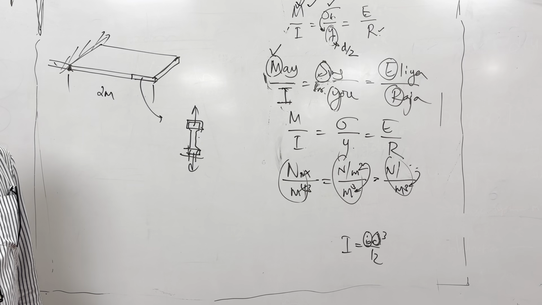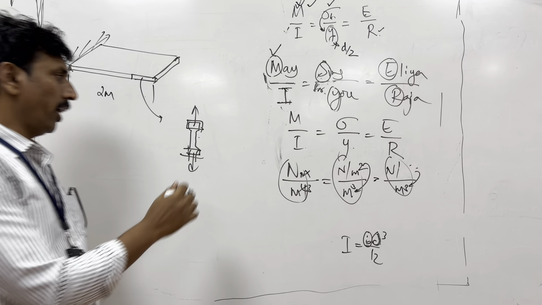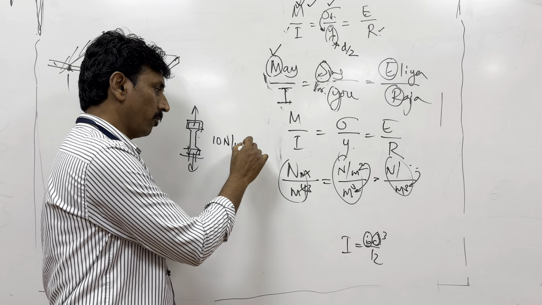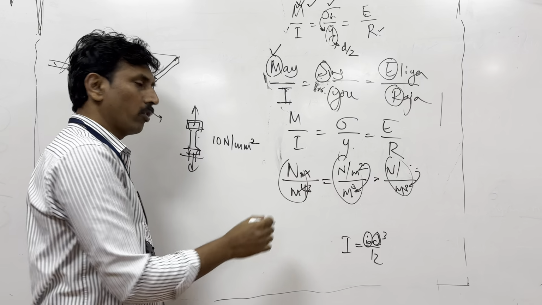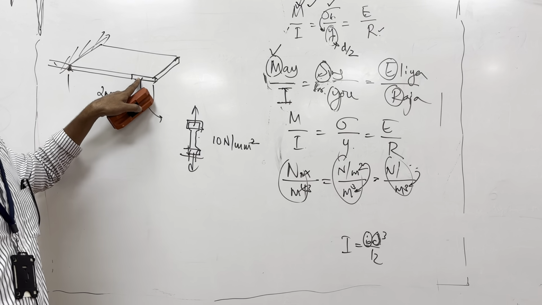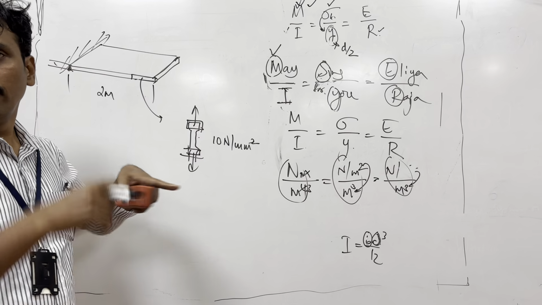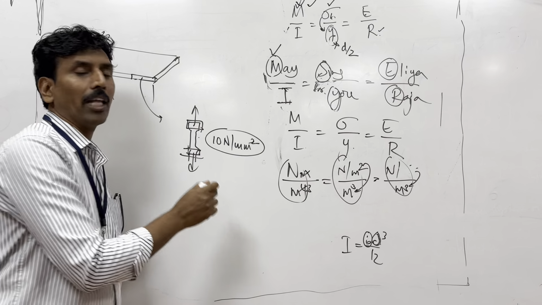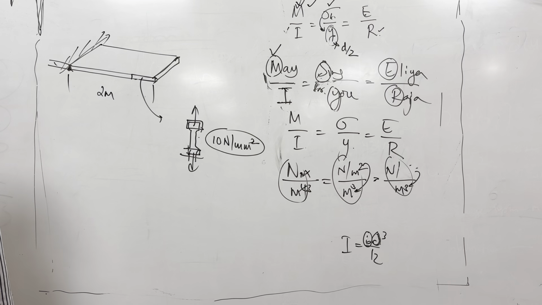They found out that the maximum stress this can take is equal to 10 Newton per mm square. So that means 1 kg per mm square. They took a sample out of this and sent it to some lab. They said that it is going to fail at 10 Newton per mm square. Okay, it is a failure stress.